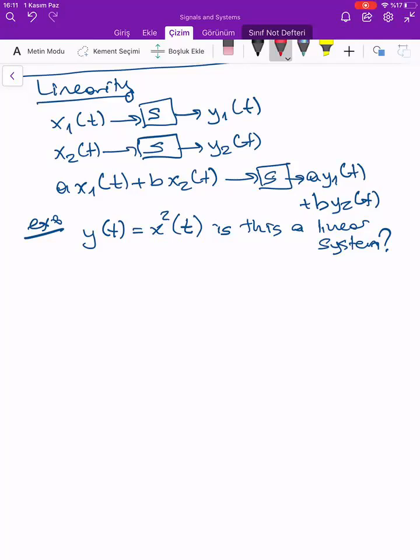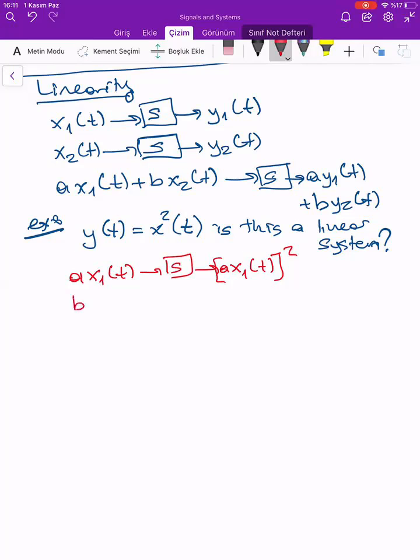My system takes x1 of t as the input and obtains x1 of t squared as the output. If I give a x1 of t, then I will have a x1 of t squared. My system is a squaring system.